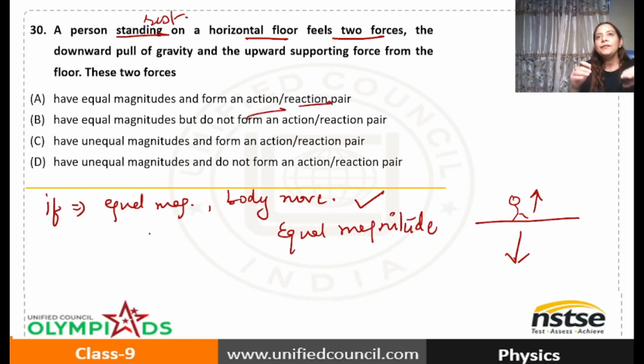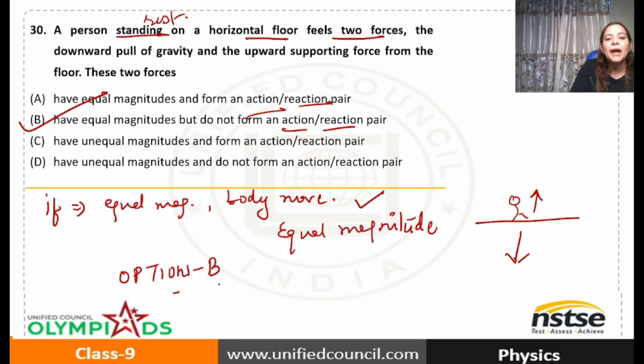For example, if I'm pushing a wall, the wall is also exerting an equal and opposite force. Here it doesn't form an action-reaction pair, because an action-reaction pair comes into notice when you have two different objects. That is the reason option B is correct. The forces are of equal magnitude but they do not form an action-reaction pair, because in that case the bodies have to be different, and here it is acting on the same body.